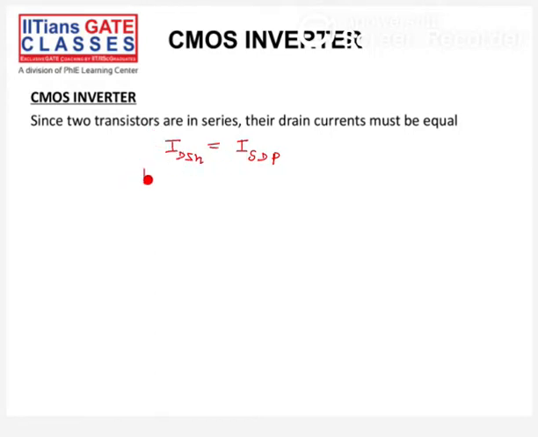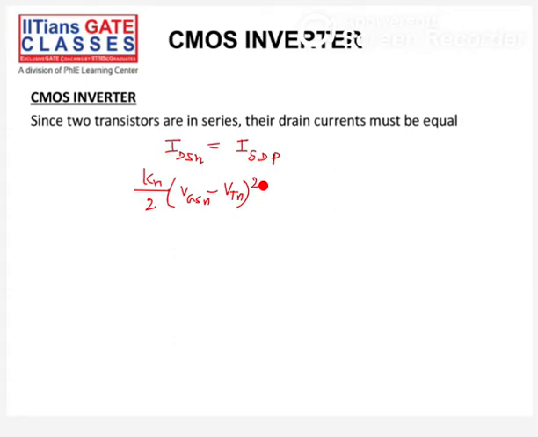So in that case, I'll write Kn divided by 2, its current equation in saturation, VGSn minus VTN whole square.